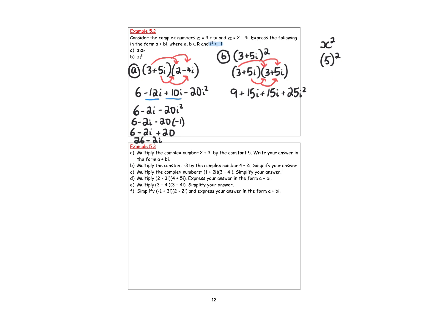Next, I'm going to add the like terms. Here we have 15i and 15i. That will leave us with 9 plus 30i plus 25i squared. Again, going back to the fact that i squared is minus 1, I'm going to replace i squared with minus 1.